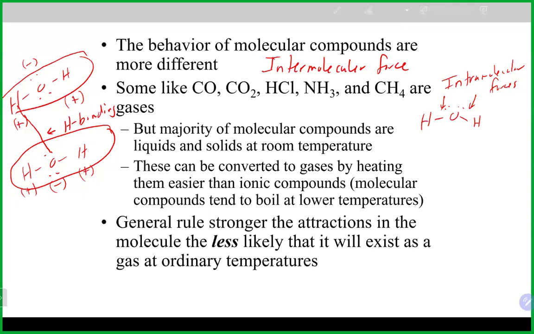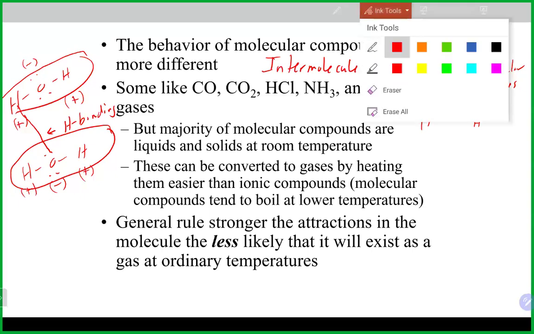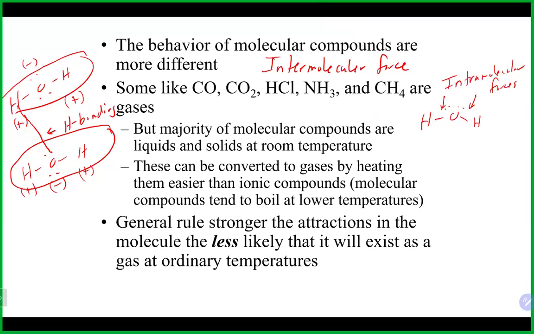For example, when we heat up water, we know that when we get to 100 degrees Celsius, that bond between the water molecule above and below will break. And that's going to allow each of these individual water molecules to go off into the gas phase, basically to create steam, right?